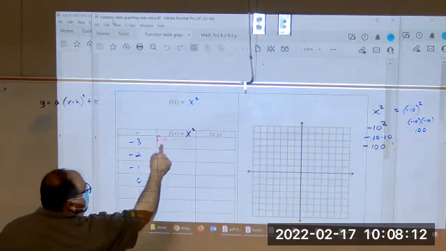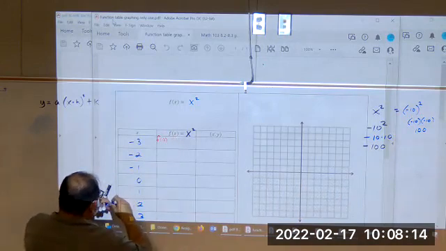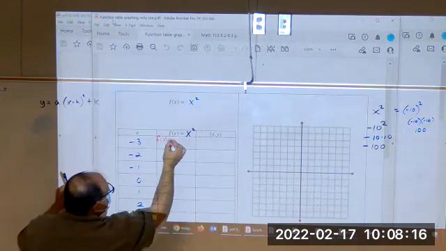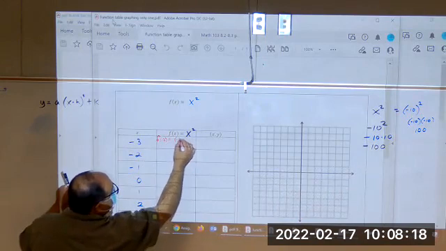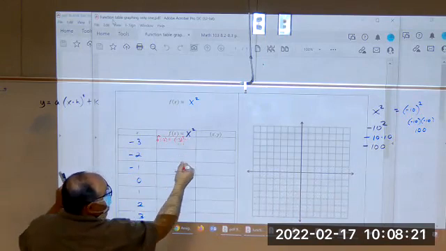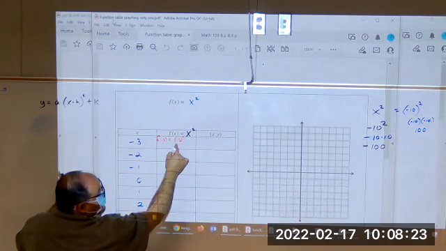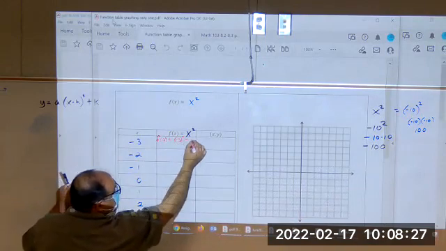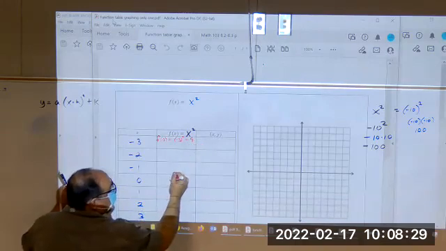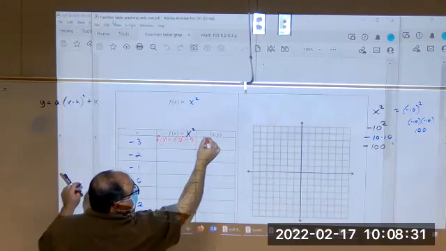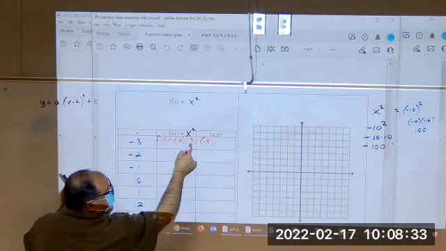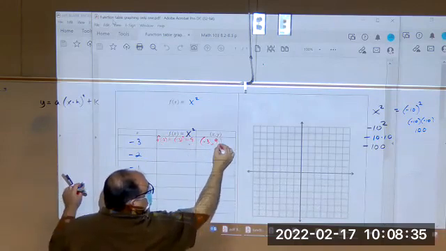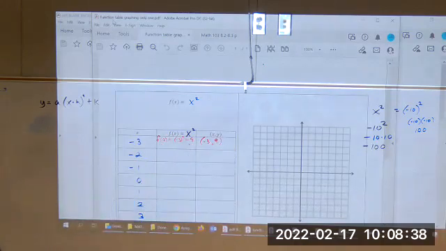So when I replace the x with a -3, then I'm going to get x squared, so that's -3, and I'm going to square it. So a negative times a negative is going to be a positive. 3 times 3, this is +9. So when I plug -3 in for x, the y value is +9. Now, that's going to be off our grid.